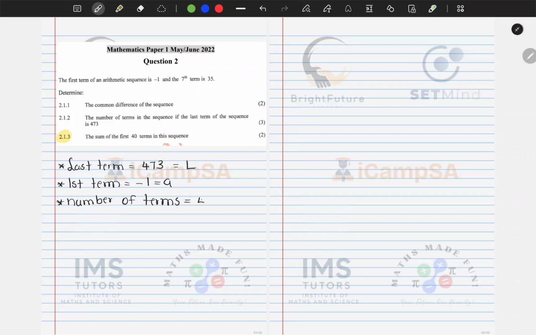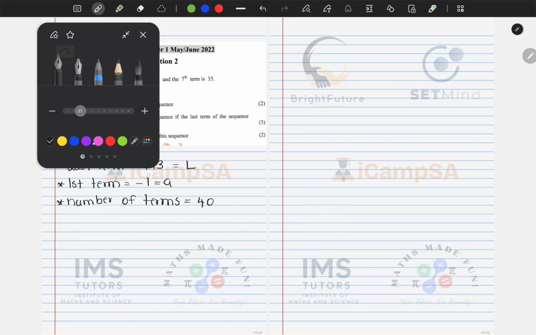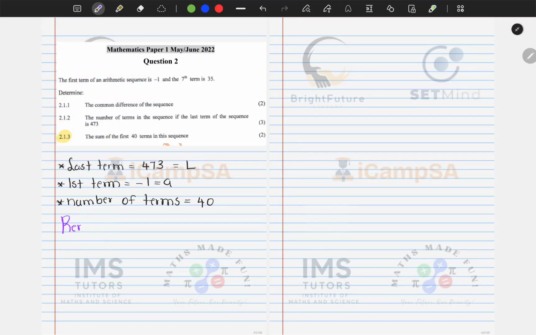We are told we are looking for the sum of 40 terms. So what do I want you to remember?